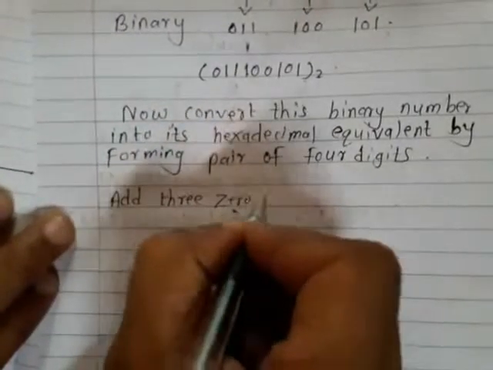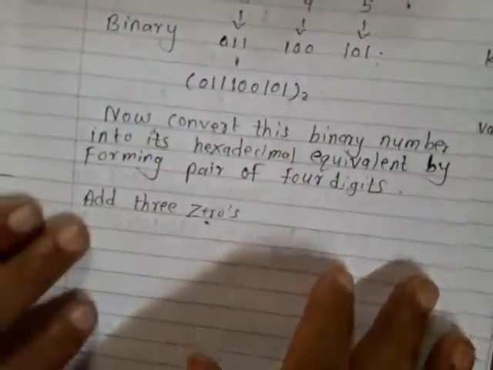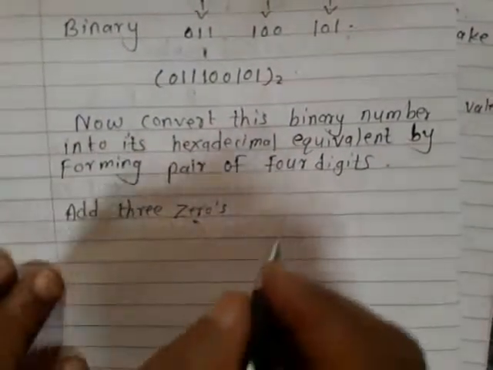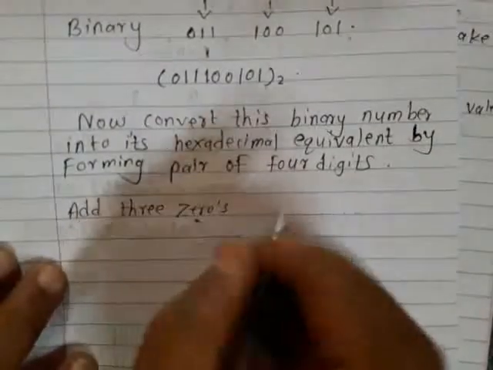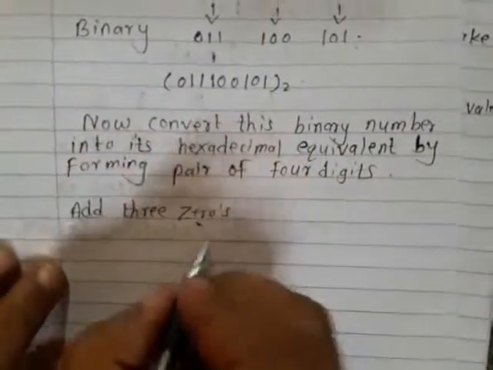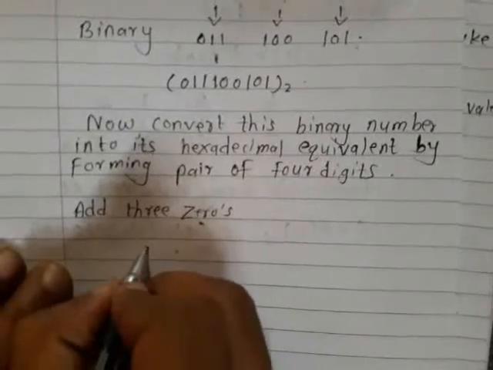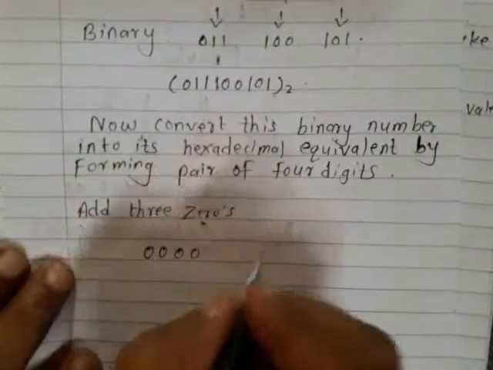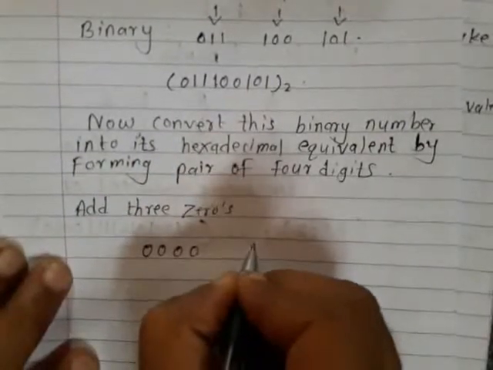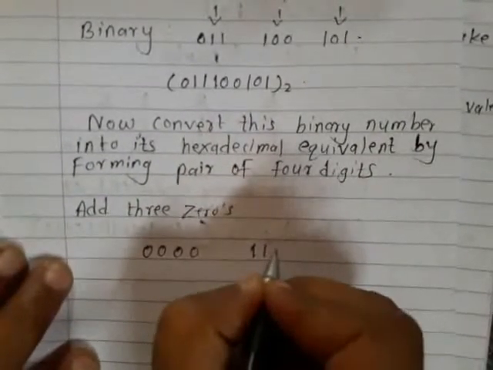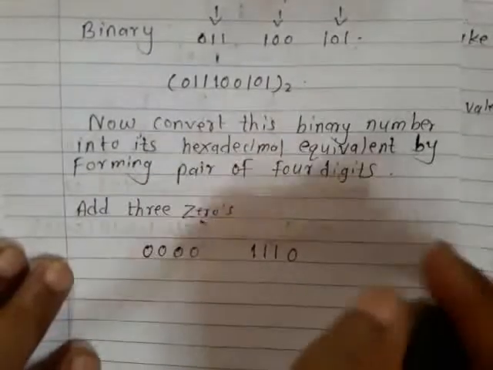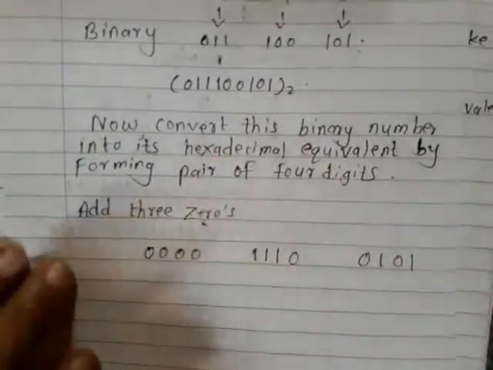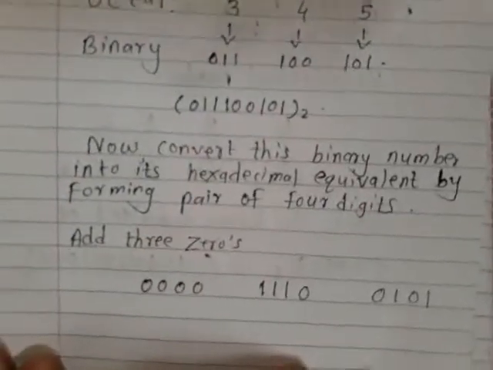We will start forming the 4-digit numbers. So here 0, 0, 0, 0 is the first group. Then 1, 1, 1, 0 is the second group. And 0, 1, 0, 1 is the third group. Okay students.